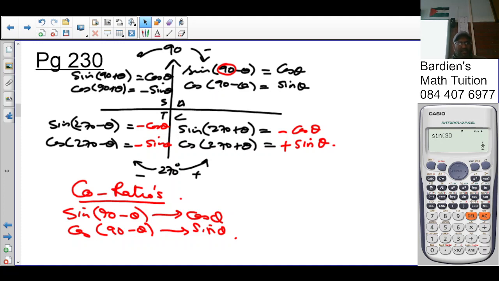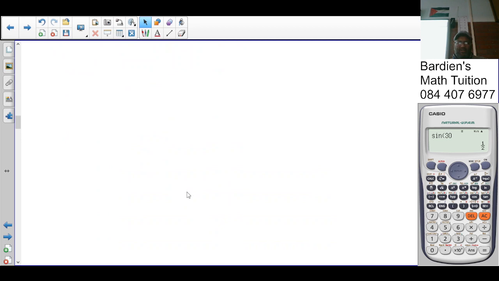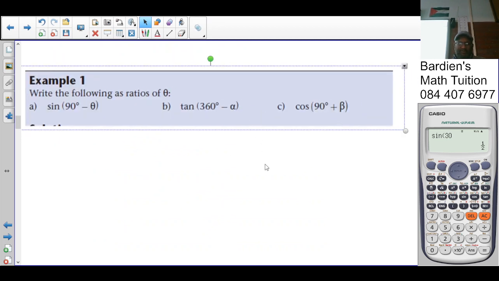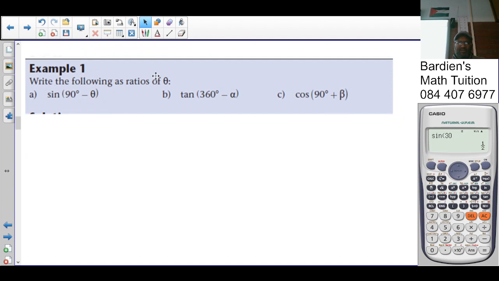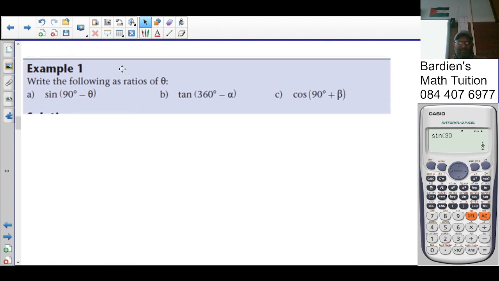So the only time the ratio changes is when you're busy with 90 and 270. That's the only time the ratio changes. You will see 270 very, very little, but 90 will often be used.